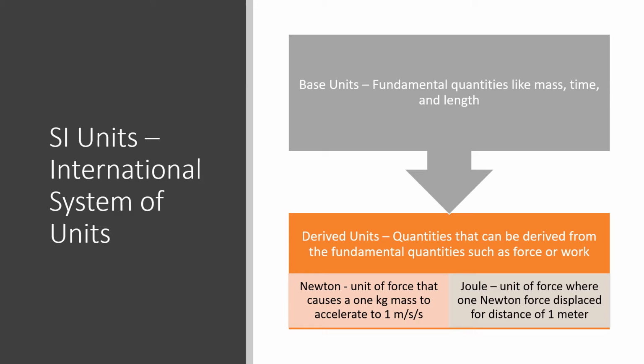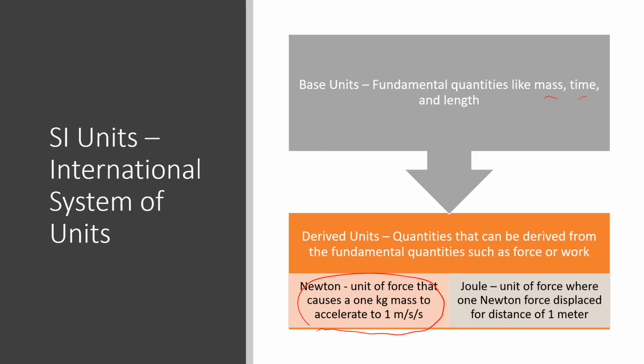Examples of those might be, for example, force or work. So a Newton is a unit of force that causes a 1 kilogram mass to accelerate at 1 meter per second per second. That's what we have down here at the bottom. You can see that the Newton is basically being defined as a function of these fundamental quantities of mass, time, and length.